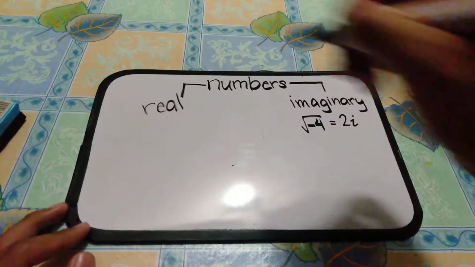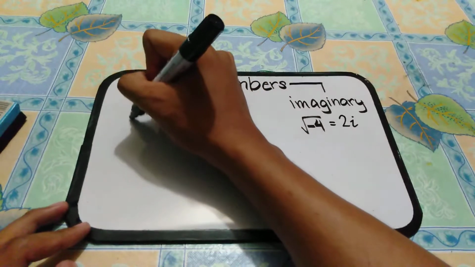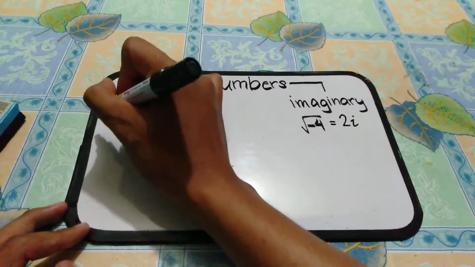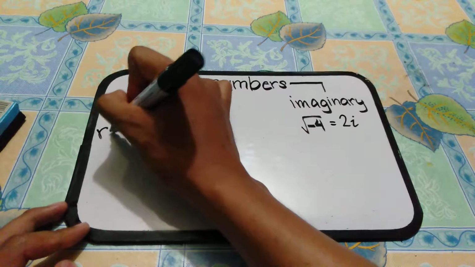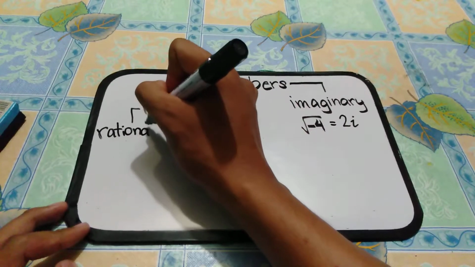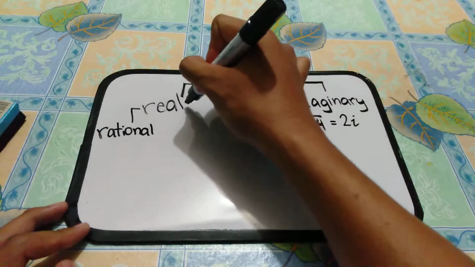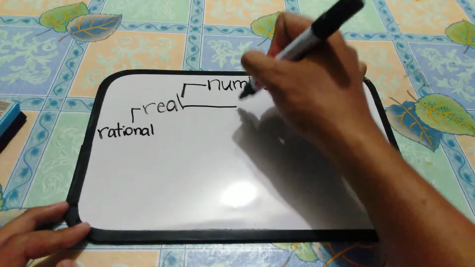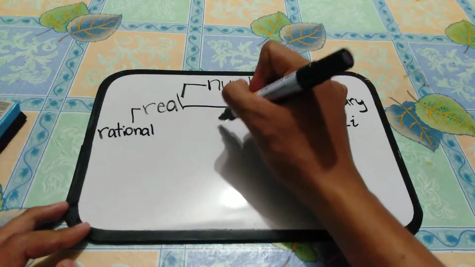Real numbers have two types: rational numbers and irrational.